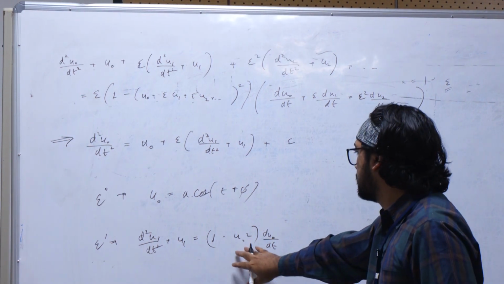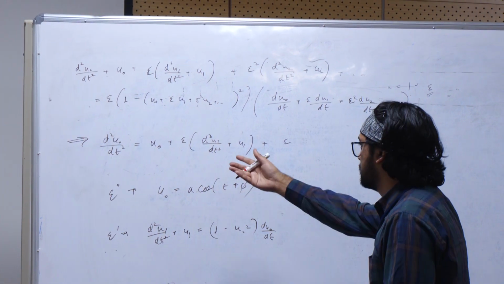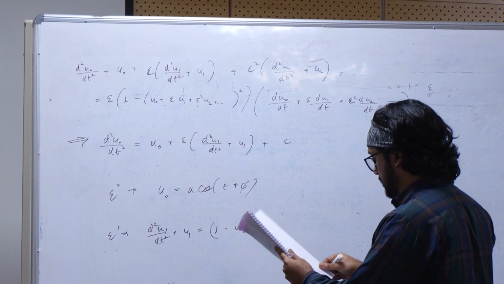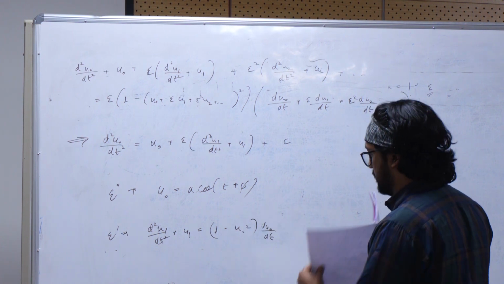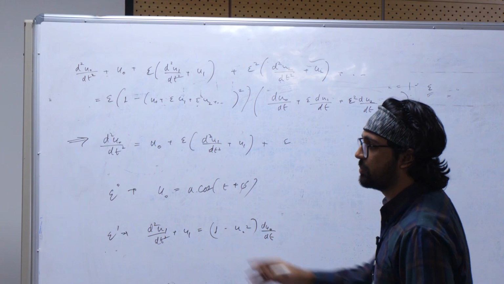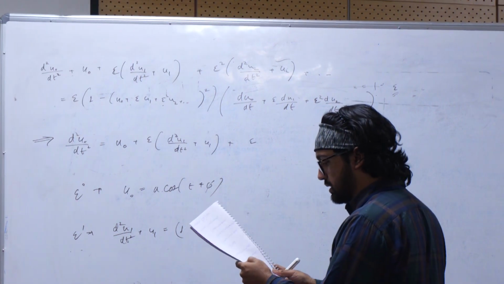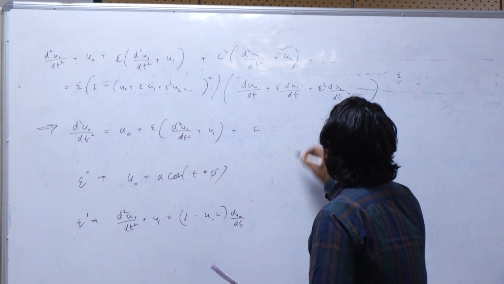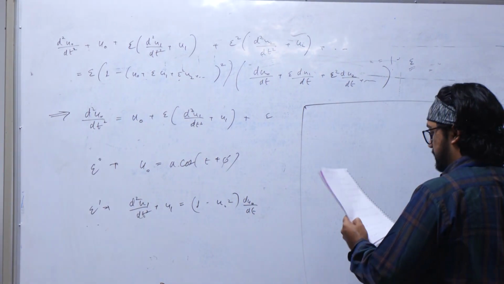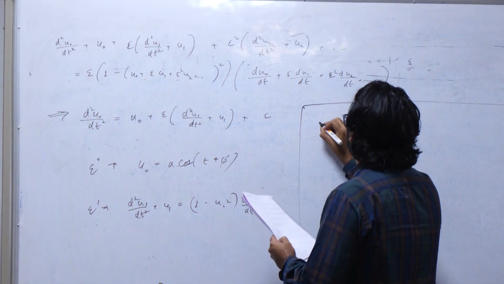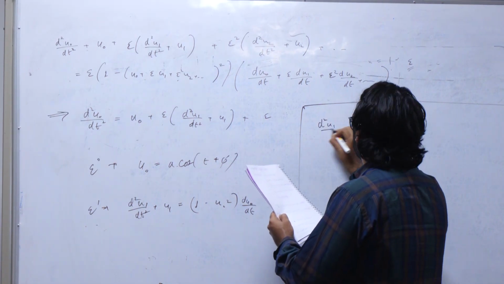We already know the formula for u0, which we obtained in the first order, and so it's basically a trigonometric function. So performing trigonometric manipulations, what you get is, just write it here. This is the answer for the first order.